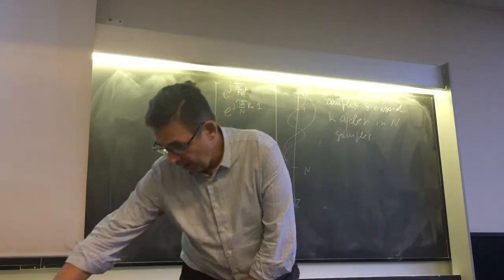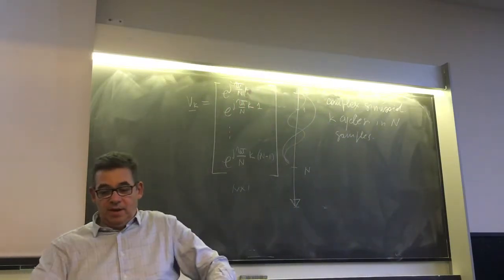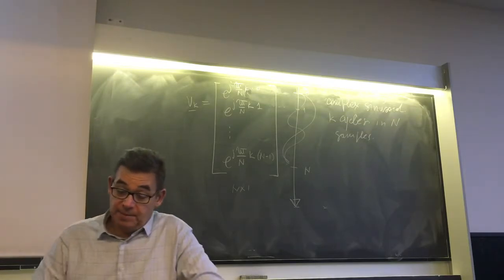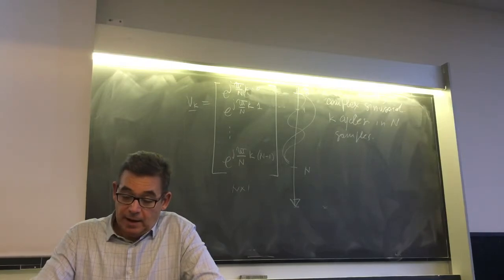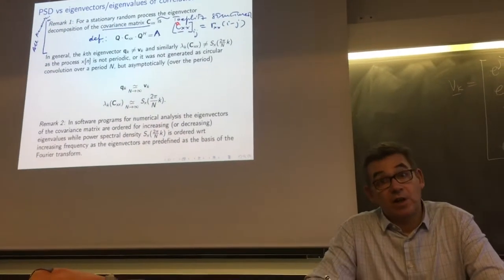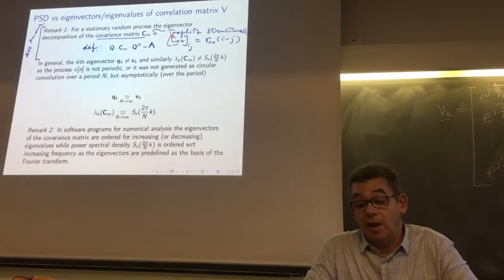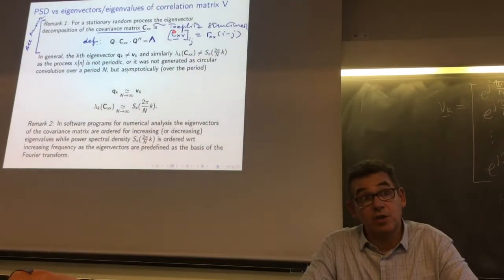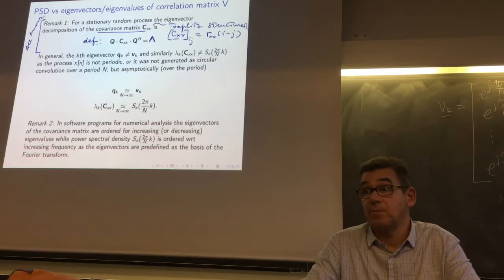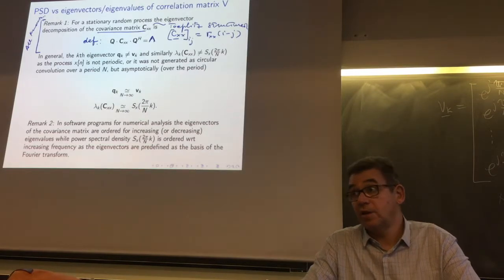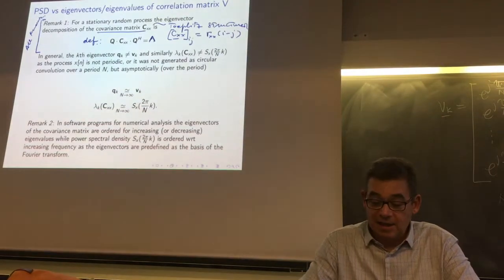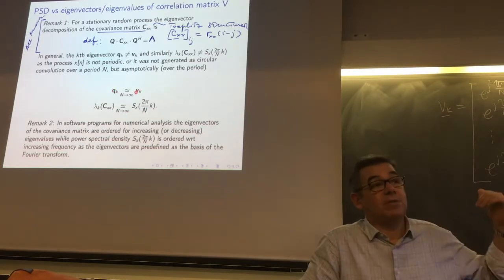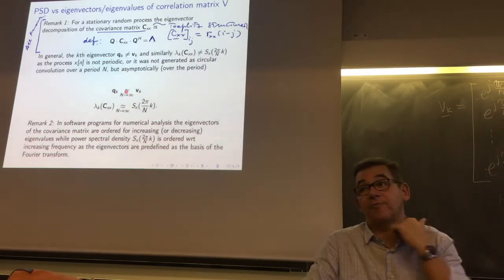If I make the covariance matrix very large, using a very large, large enough set of samples, then qk coincides with vk.